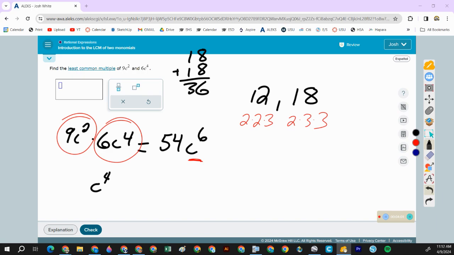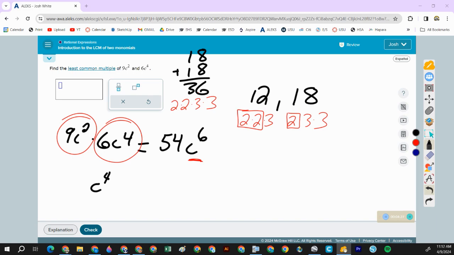So what will my least common multiple have? It has to have 2's. How many 2's? Well, this one has a single 2, and this one has a pair of 2's. Let's look at 36. 36 is 2 times 2 times 3 times 3.